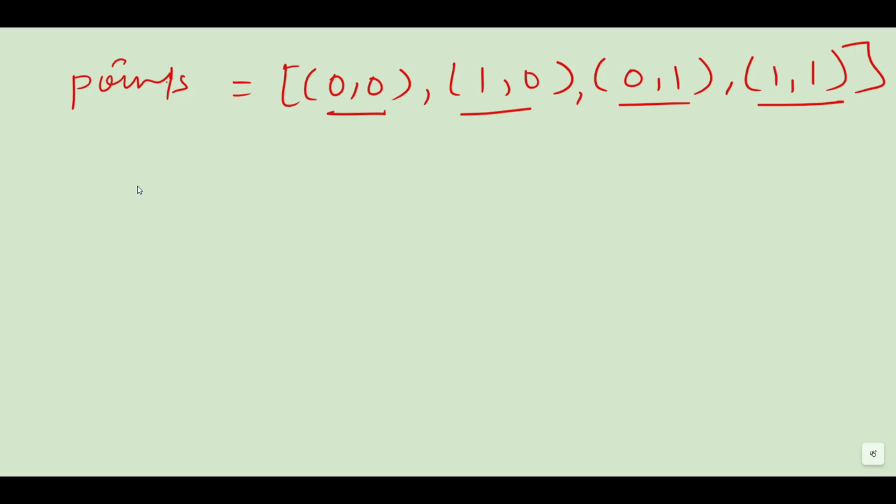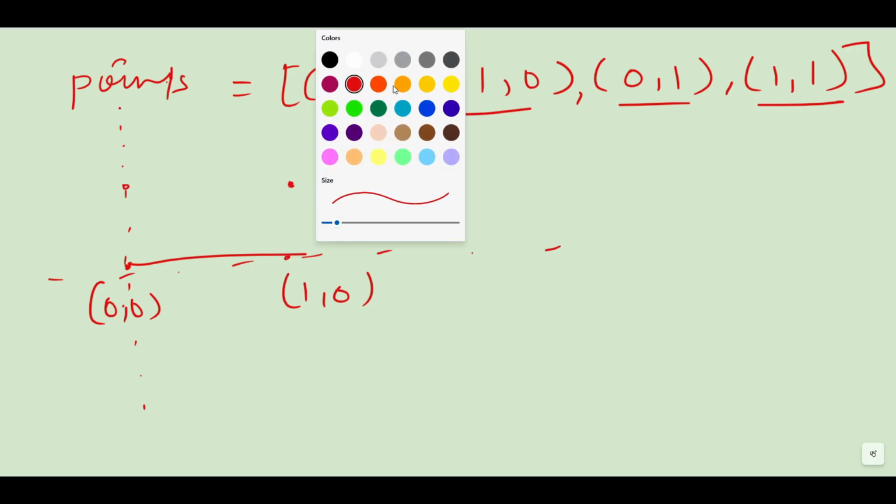How are we going to form it? On the Cartesian plane, let's suppose the very first point is 0 0. Then I'm going to connect it with 1 0. If I consider this as the x-axis and this as the y-axis, we can say this is 1 0. Give me 1 second.